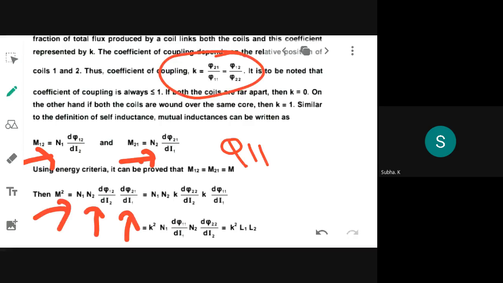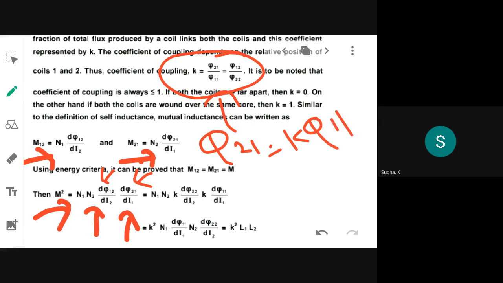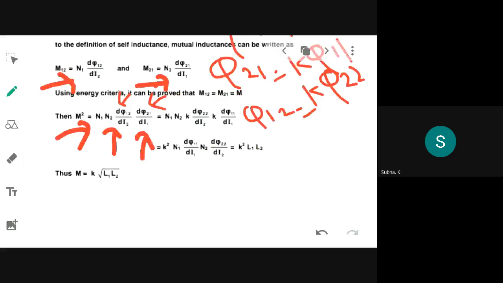Phi 21 is equivalent to k into phi 11. Similarly, phi 12 is equal to k into phi 22. I am just cross multiplying. So these values I am substituting in place of phi 12 and phi 21 here.